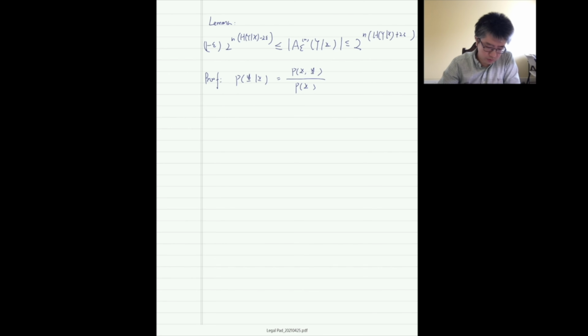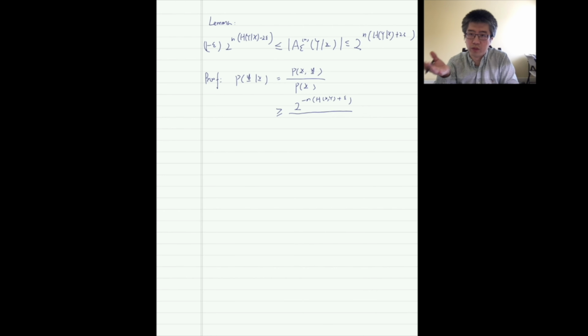So this is bigger than or equal to, on the numerator we need a lower bound, which is 2 to the negative n H(X,Y) plus epsilon. This is what we learned when we talked about the jointly typical set. And for the denominator, we need the upper bound, which is 2 to the negative n H(X) minus epsilon.